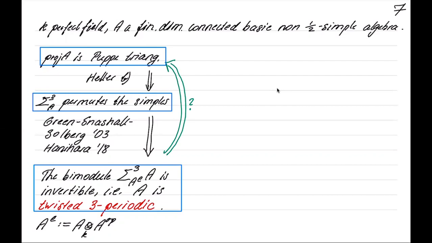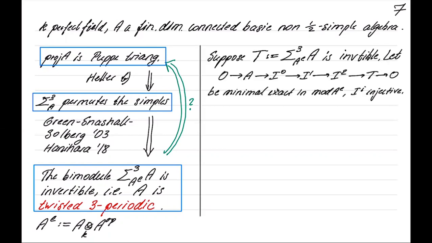Okay, so this is a theorem by Keller and Muro. So let me introduce some notation. Let's take T, the third suspension of A as a bimodule. Then by definition of the third suspension, we have an exact sequence with three injective middle terms, and we can choose it minimal with no contractible summands.